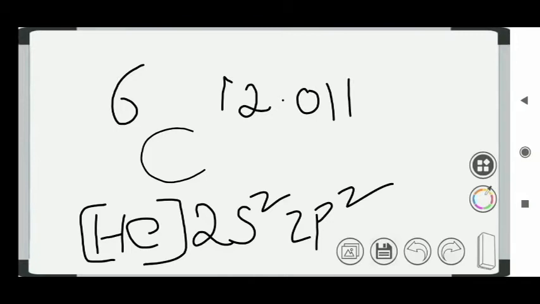If you are going to see the excited state, before that, see here this carbon. So in the periodic table, if you see in the chart, you are going to represent it like this. The 6 stands for the atomic number, 12.011 stands for the atomic weight of the compound.